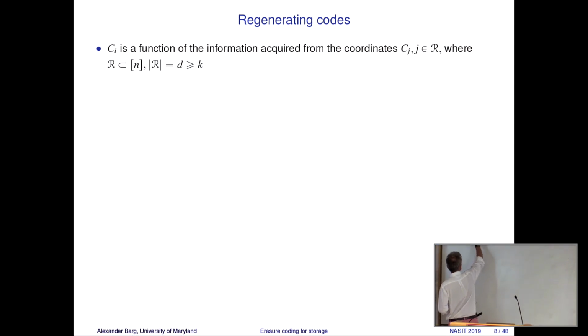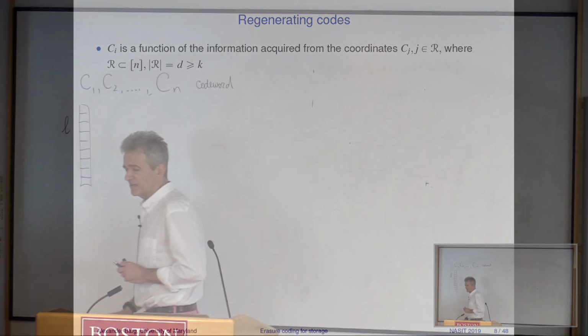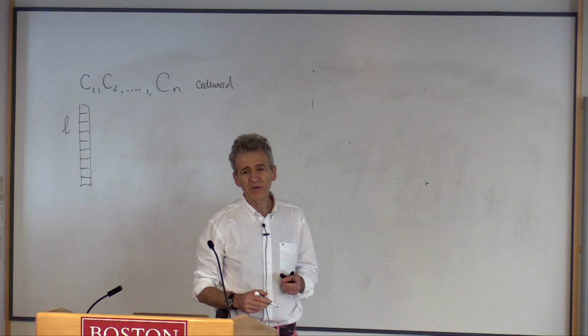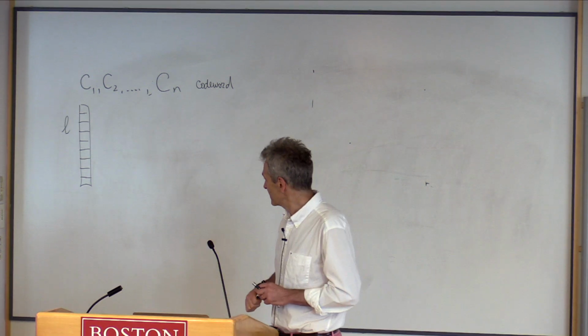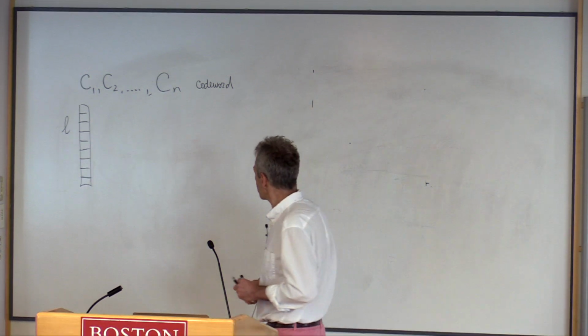Capital C, C1, C2, Cn is an encoding or code word. Every coordinate is L symbols over some finite field. So L is the size of the node. L symbols over a finite field. And that is for every coordinate.